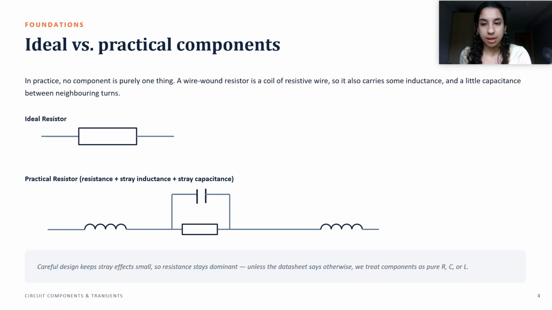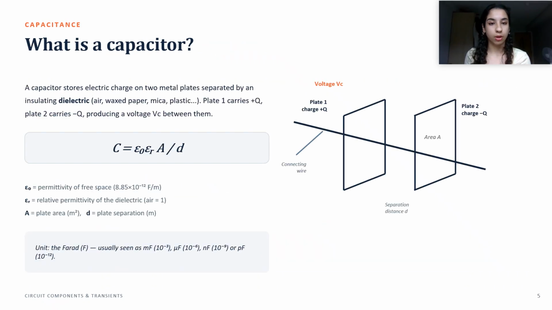So first of all, a capacitor. What it does is store electrical charge on two metals separated by an insulating dielectric. This dielectric could be air, paper, plastic, or even a material called mica, which I've heard about a lot, and I bet you did as well.